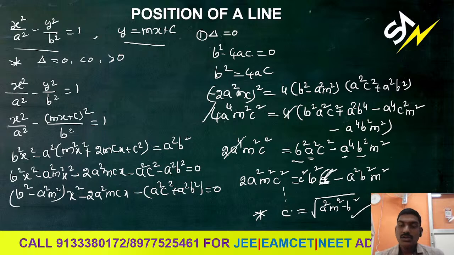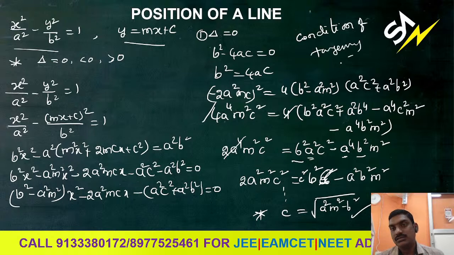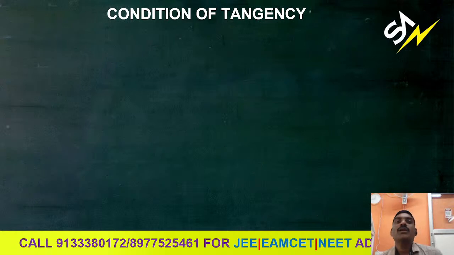So this c is called the condition of tangency. What do we call it? Condition of tangency, right? Yeah, here again it is a condition of tangency. What we got above, that only we have to write here.